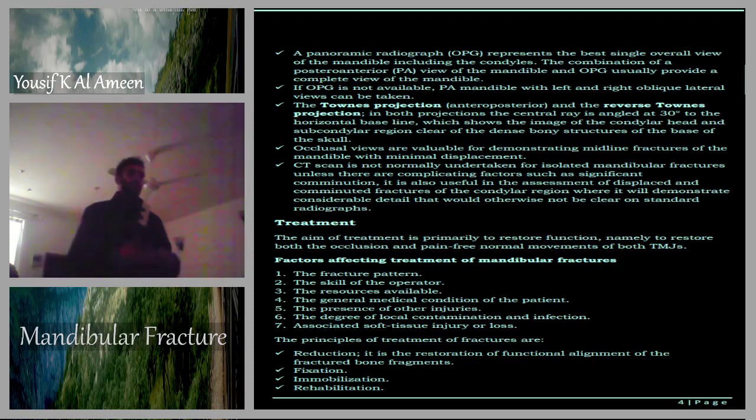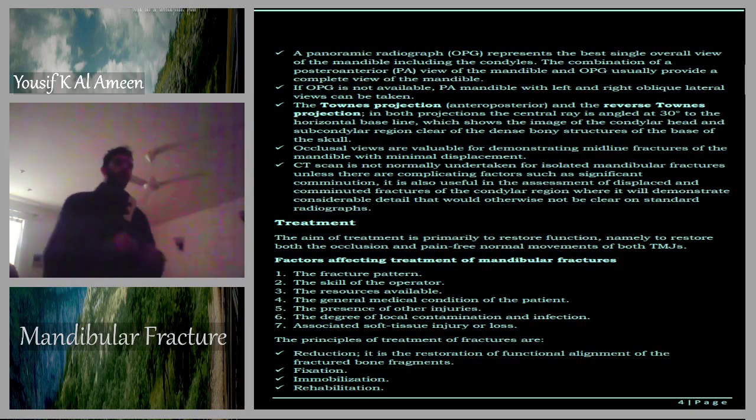In this projection, the central ray angle is at 30 degrees to the horizontal baseline, which shows the image of the condyle head and subcondylar region, clear of the dense bony structures of the base of the skull.